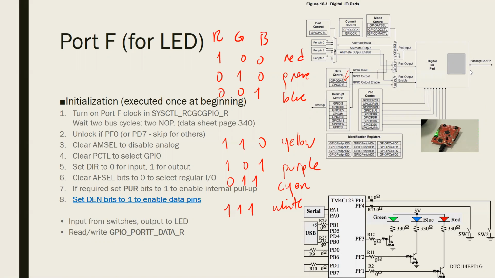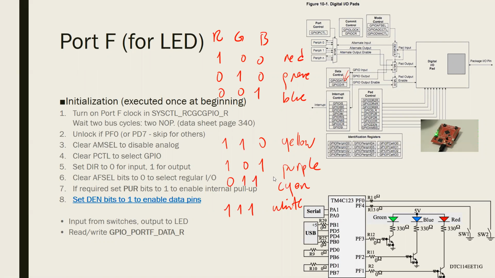Whenever you want to use them, if they're outputs, we are going to write data to provide the data outside as output. Or if they are input switches, we are going to read these pins. For both purposes, this is the register. So whether it's an LED, yes. It's a switch, also yes. So that's the data register, the data at the pins that you see. But before being able to use this, we have to make these initializations. So the answer is yes, but I try to give a more general answer as well.